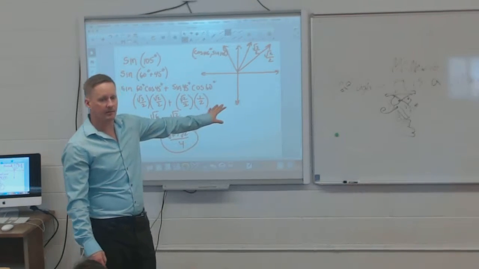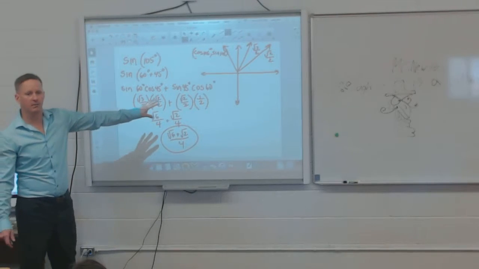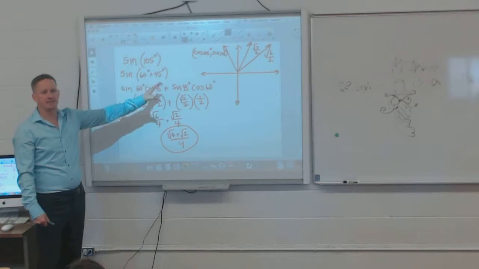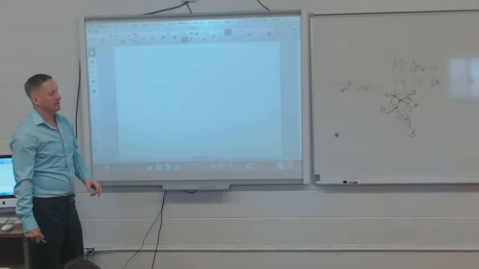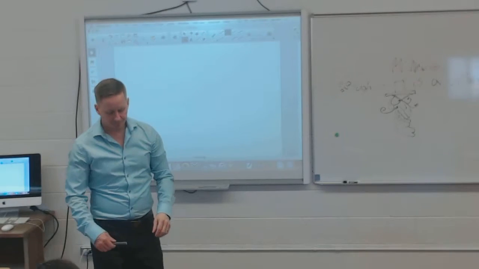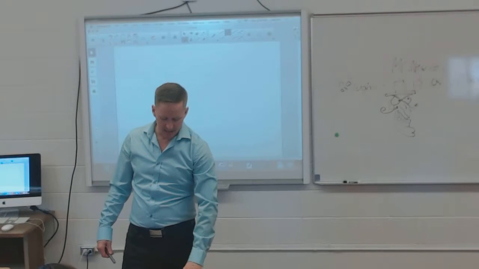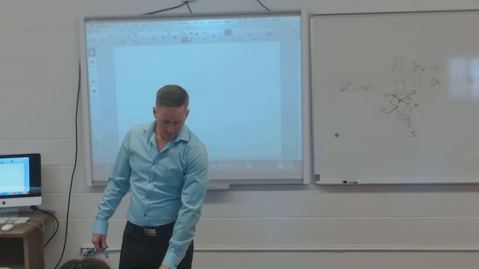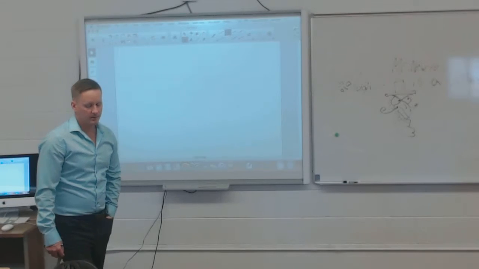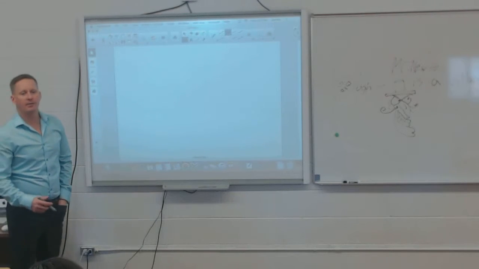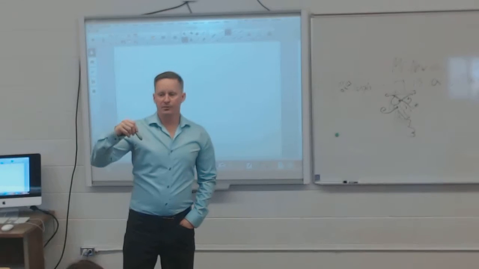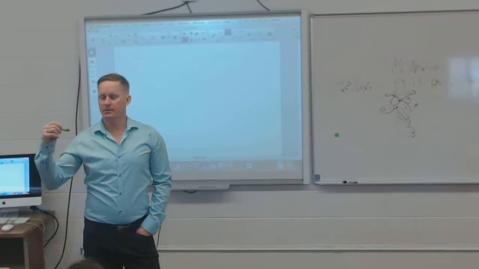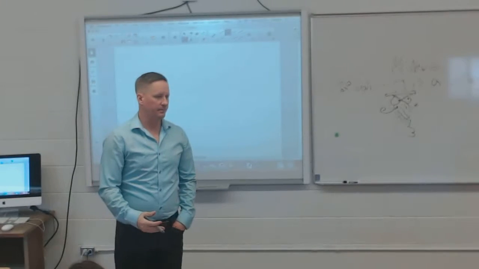But don't worry about it. I don't need you to know this and understand this now. This is the end game. This is where we're leading to. So what needs to happen today is we need to start with our very basic identities. The reciprocal identities, we've gone through these already. Now, again, these are used to simplify questions, to make questions easier.